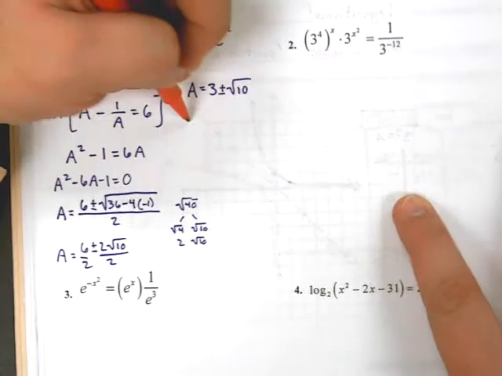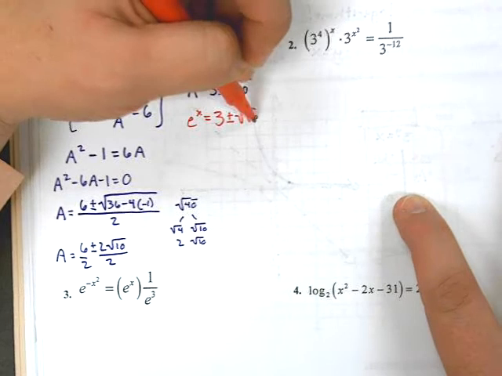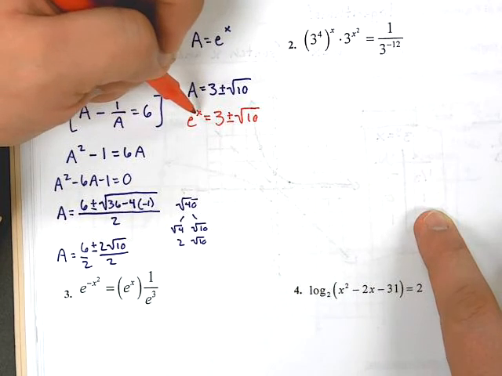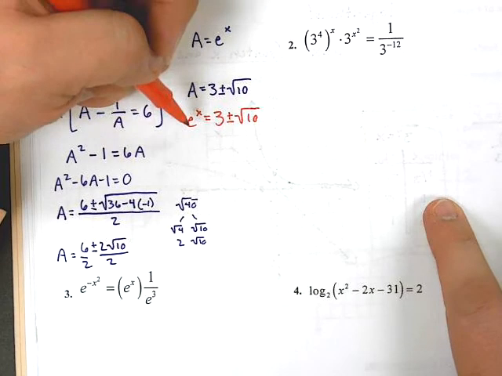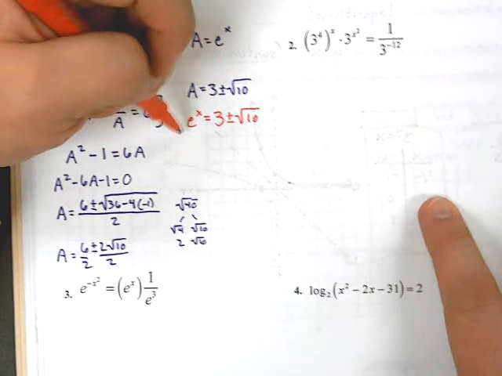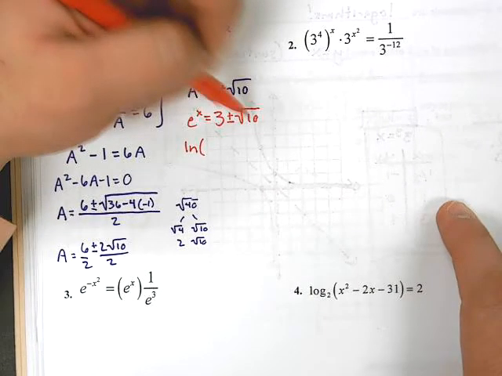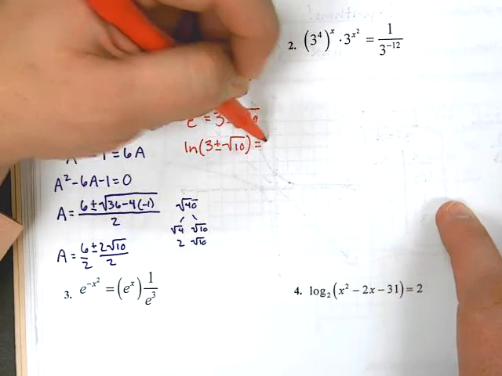So now I plug back in 3 plus or minus square root 10, and because my variable is in the exponent, I'm going to want to switch to log form. So I have an e, which means I'm going to go natural log of this entire right side. Natural log of 3 plus or minus root 10 is equal to x.